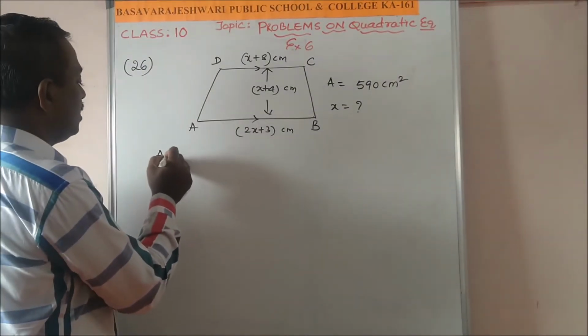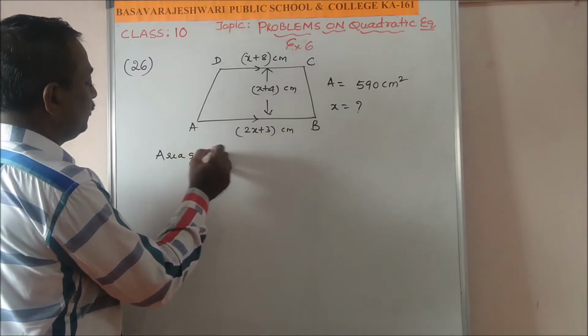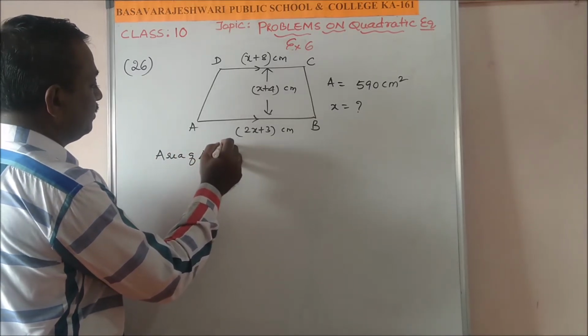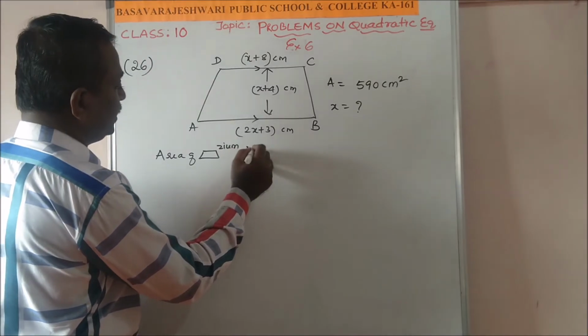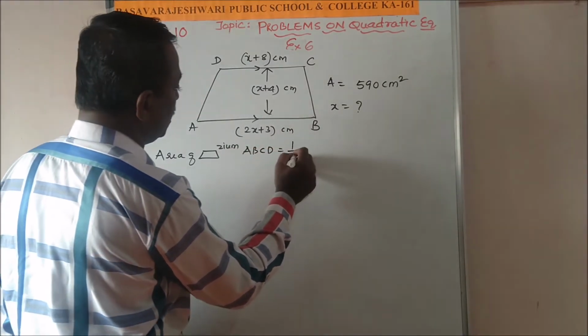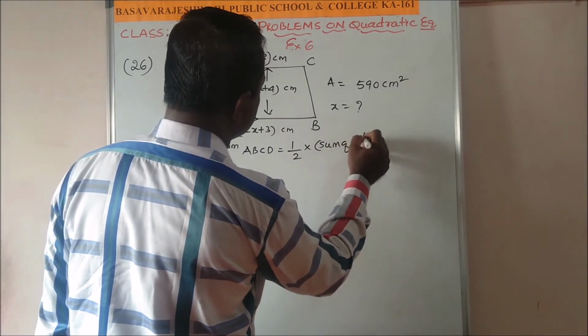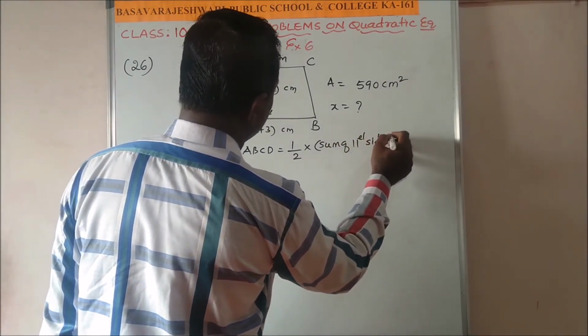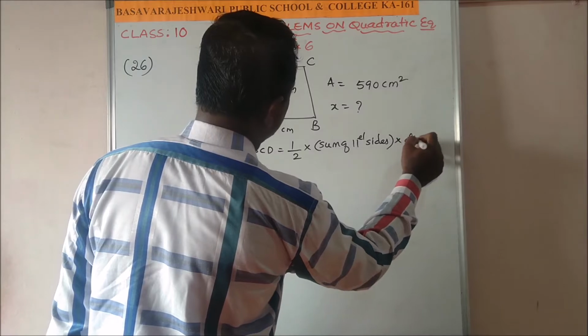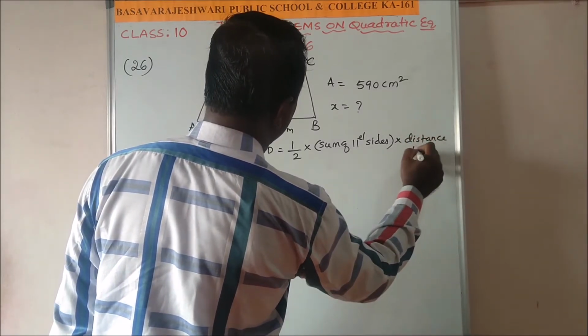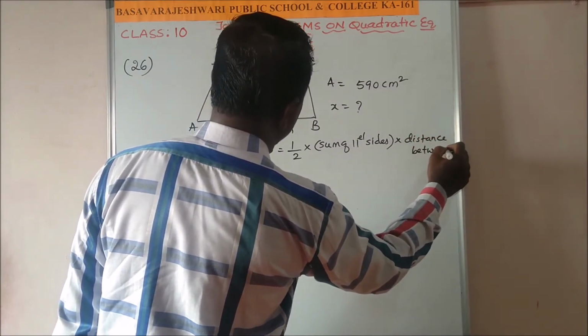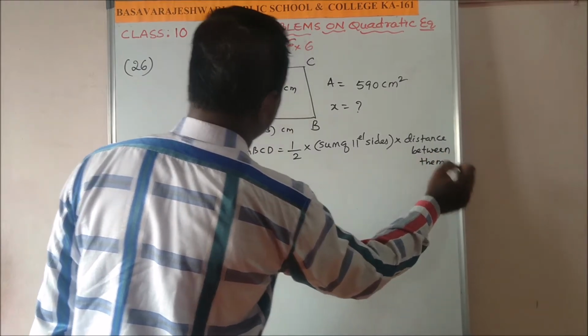Now, area of trapezium ABCD is equal to half into sum of parallel sides into distance between them.